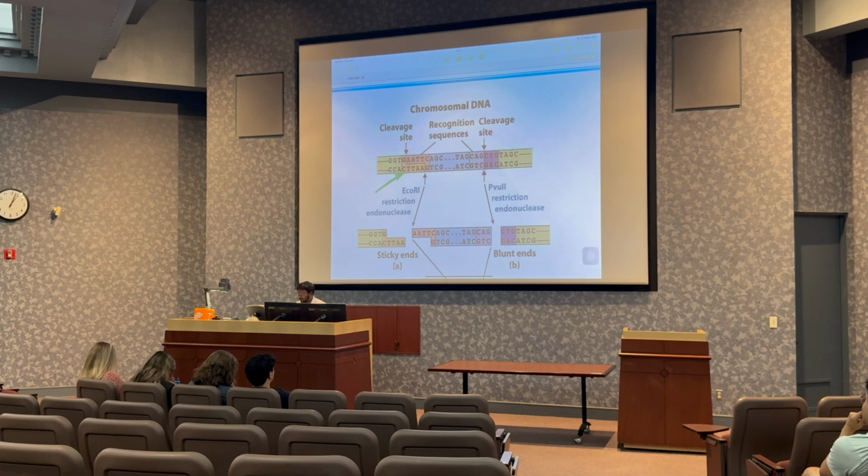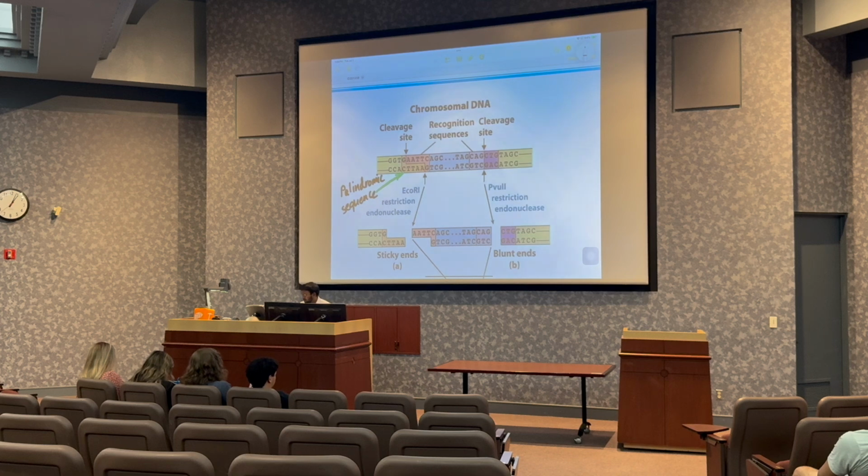So what do you call this segment of DNA which has repetitive nucleotides? We call this a specific sequence, a palindromic sequence. You have to identify the palindromic sequence first in order to use any restriction endonuclease.